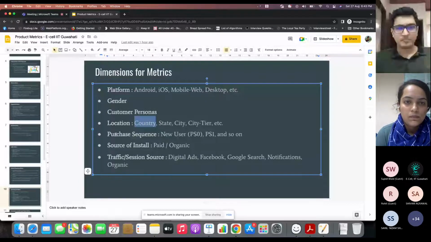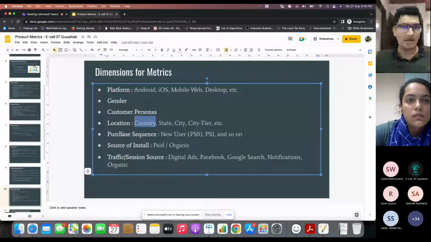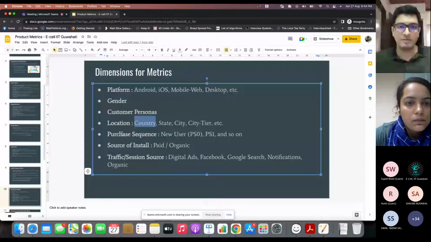And then purchase sequence as well. For example, what is purchase sequence? A new user is at PS0, which has not placed any order. PS1 is a user who has placed one order, and so on. So typically, their comfort with your platform becomes more. So their conversions will be slightly higher.